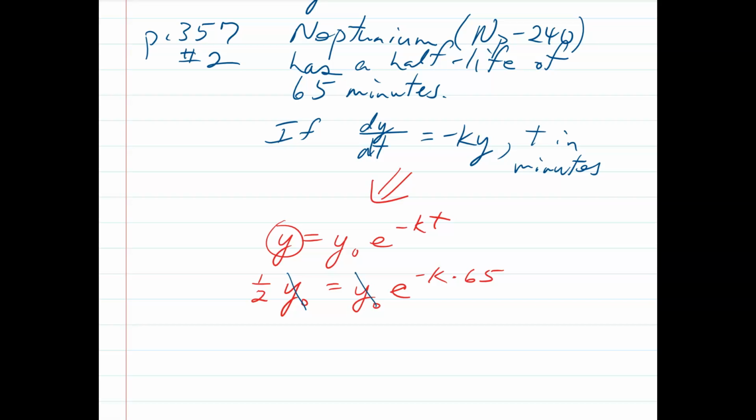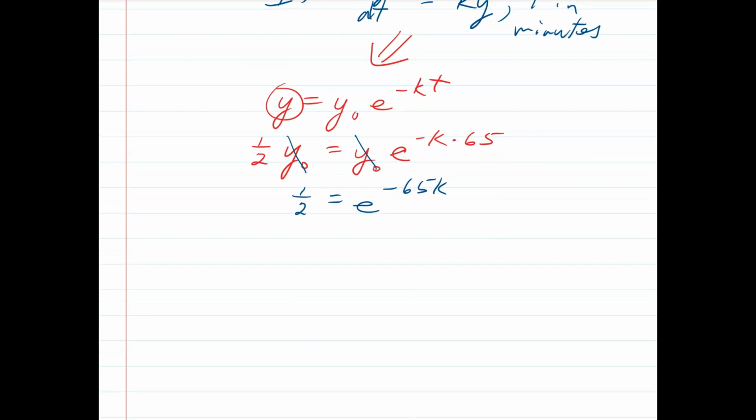Those divide on each side to 1, leaving us with 1/2 is equal to e to the negative 65k. And now we have a fairly trivial equation to solve. And without showing all the steps, it leads to this. I know you know how to do this.